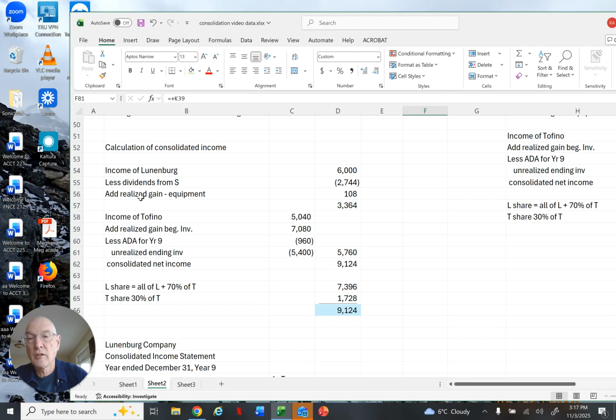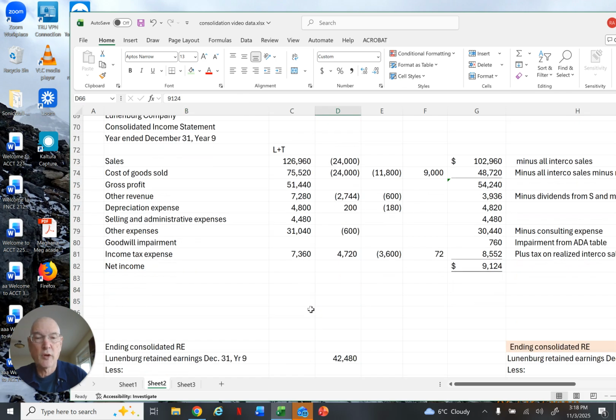And here, in our calculation, we have 108 after tax realized gain. So that, again, that 108 turns into two numbers on your income statement. Now our calculation was 9124, and we've just gone over all of the numbers in the income statement, and we get 9124. So that's a good sign.